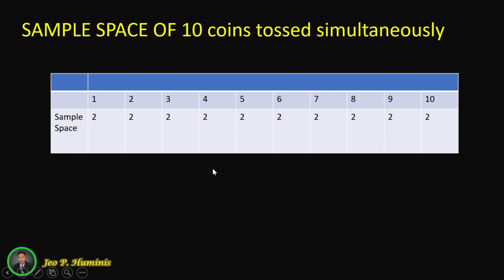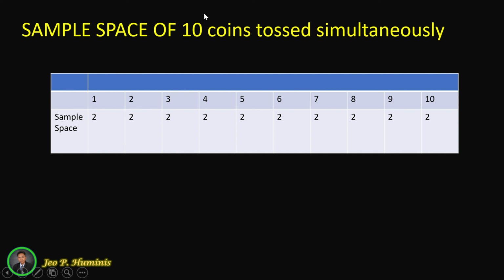Sample space of 10 coins tossed simultaneously. If you're going to use the tree diagram, this could be lengthy and tedious to construct or to find the sample space. All you have to do is list down the number of times we are going to toss a coin. Here we have 10 coins. The number of times is just once.